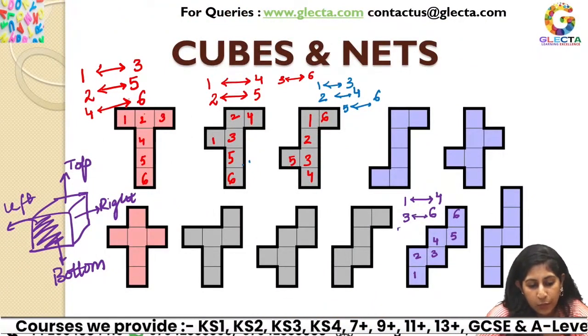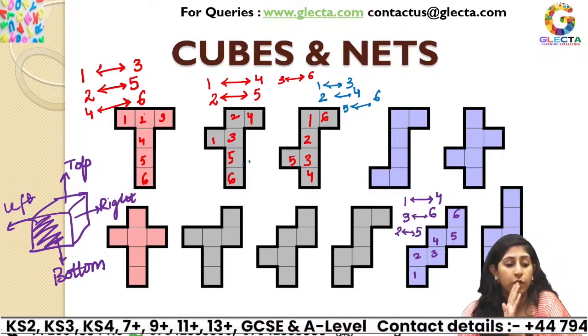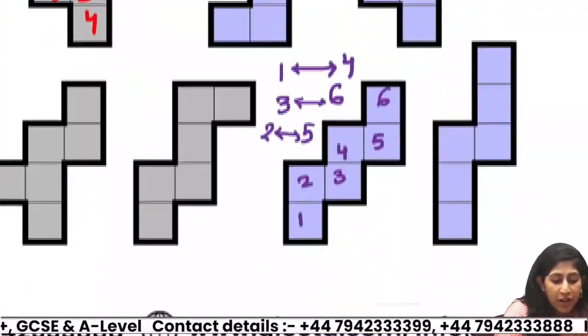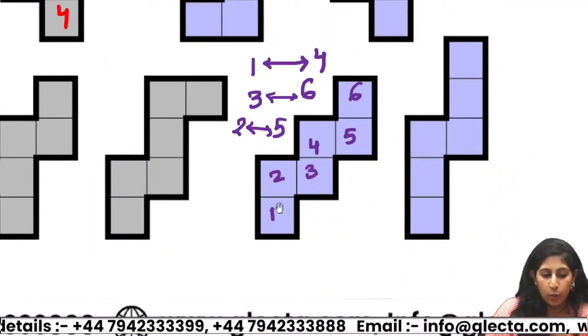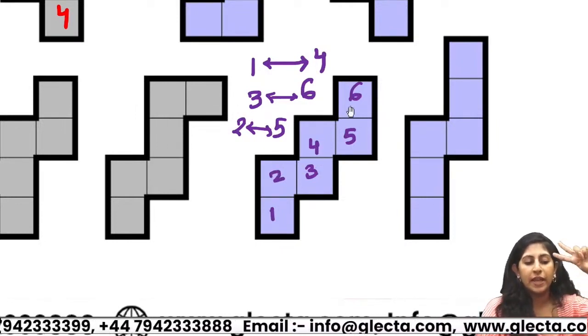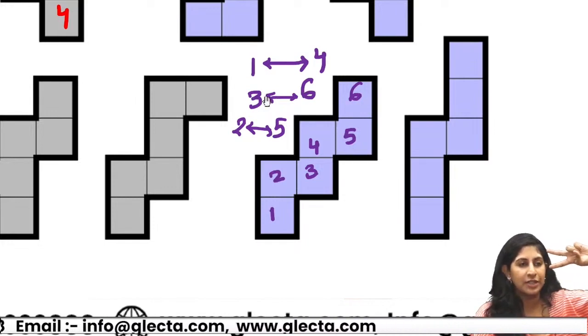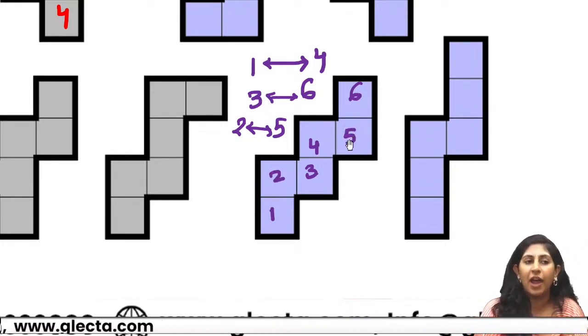Then of course we are just left with one pair, which is 2 and 5. But make sure that 2 and 5 are also not touching each other. Observe it over here. 2 is connected with 3, 4 and 1. So for 2, we can have two options: either 6 or 5. 6 is already there with 3. So the opposite of the 2 side would be number 5.